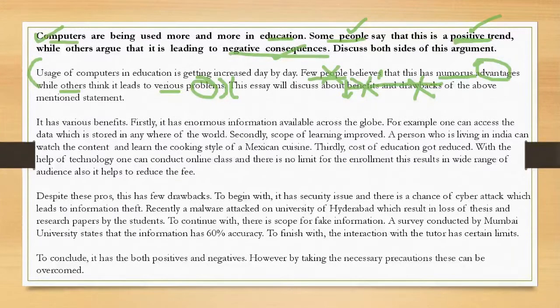Everybody is clear with the introduction? Any doubts? No, you don't have to write and draw a conclusion.